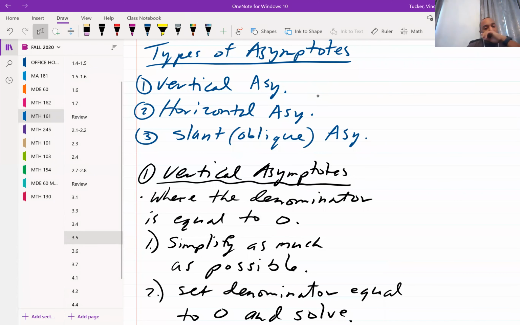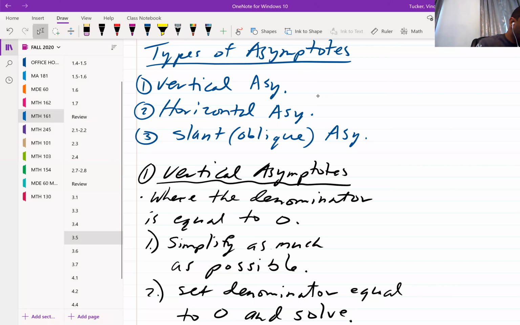All right. So first one, vertical asymptotes. So where the denominator is equal to 0. So you would simplify as much as possible, and then set the denominator equal to 0 to solve. Which is something that we've done before.